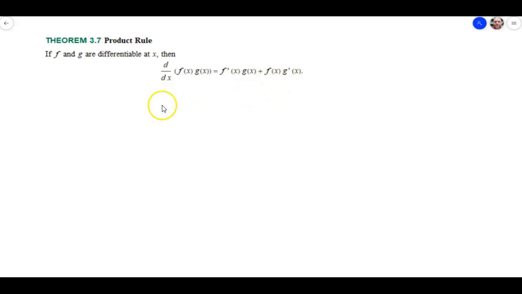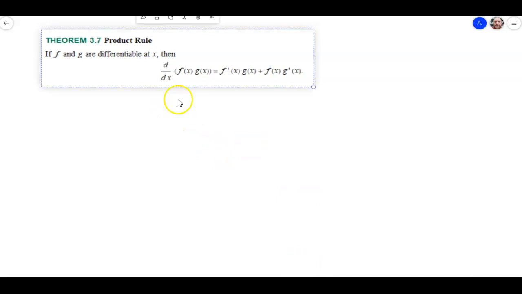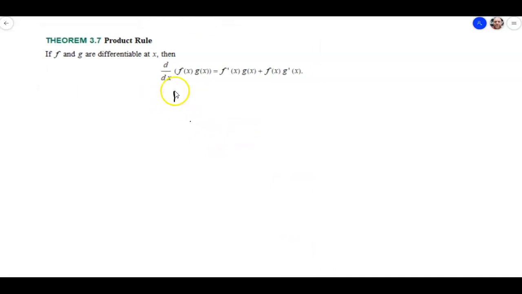But I remember it like this, that the derivative is the first times the derivative of the second plus the second times the derivative of the first. And remember, this is just a little shorthand notation. It helps me out because it helps me make sure I keep things in order.